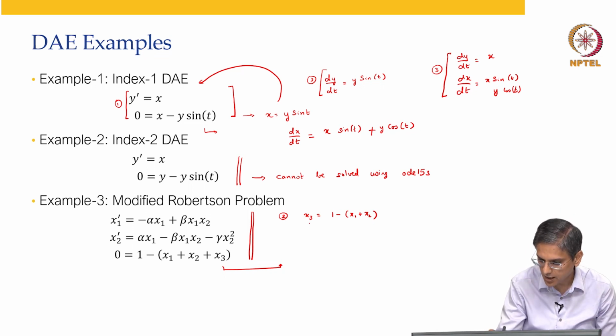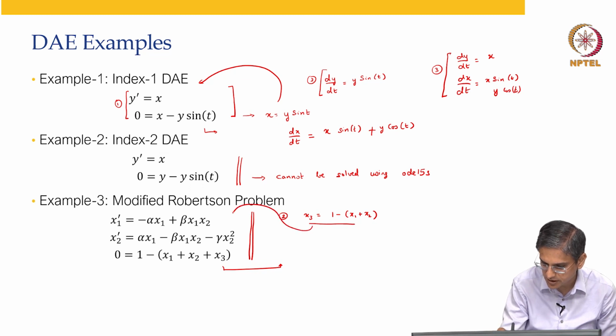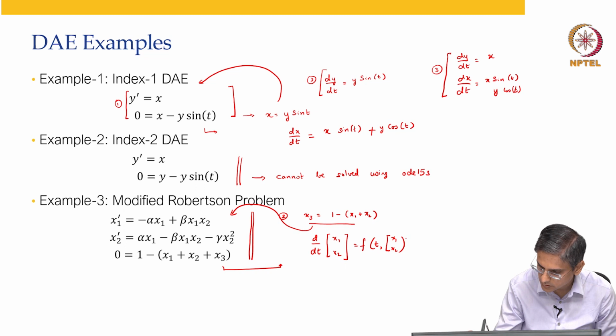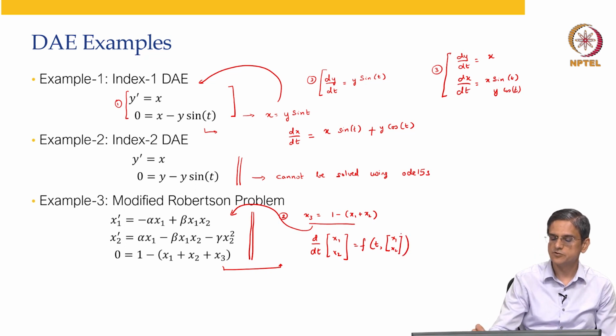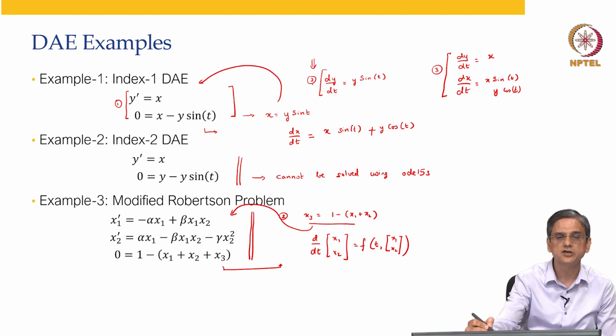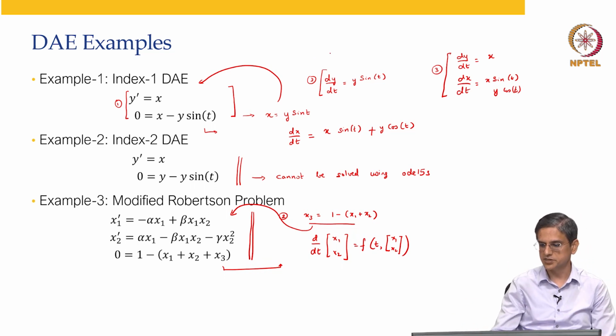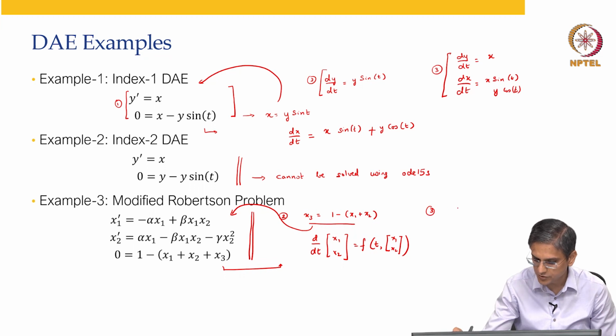You can substitute x3 into these, and now you will get to solve dx1 x2 by dt equal to f of t comma. This is very much equivalent to the approach that I had shown, where the algebraic equation you substitute into the original differential equations. The third approach, again you can do the same.